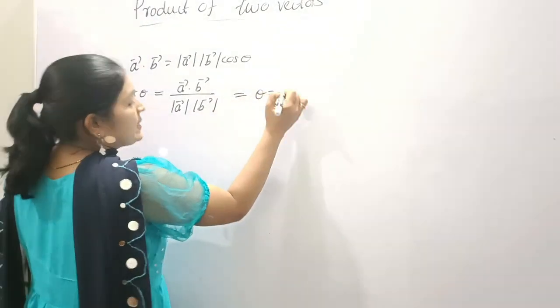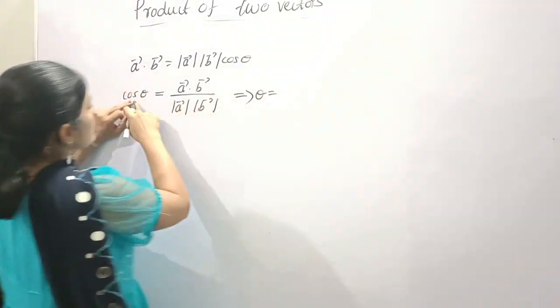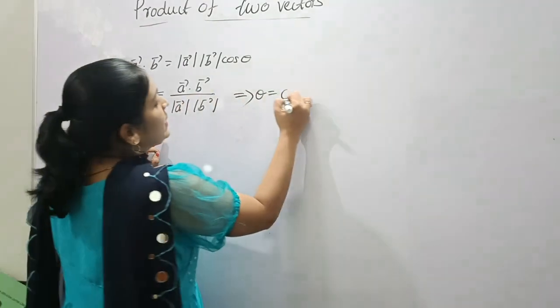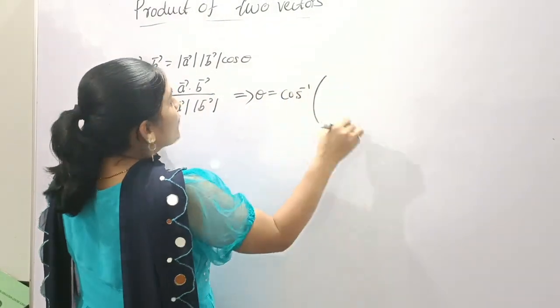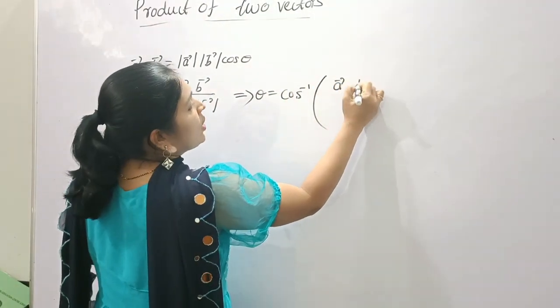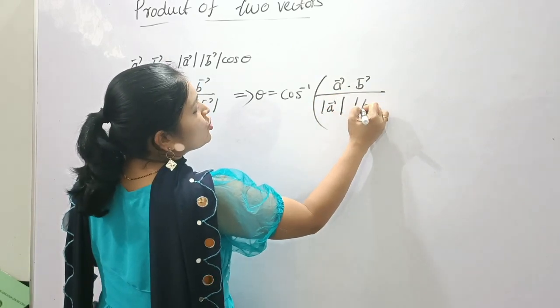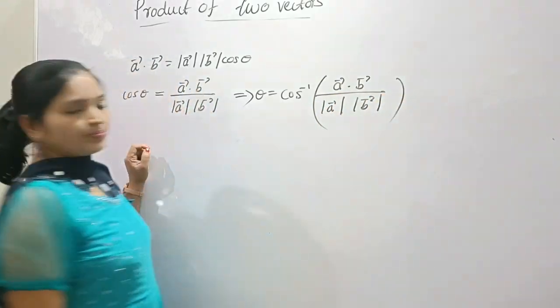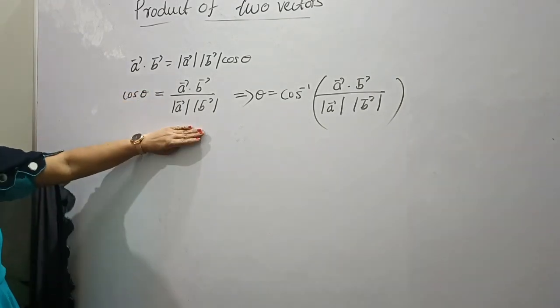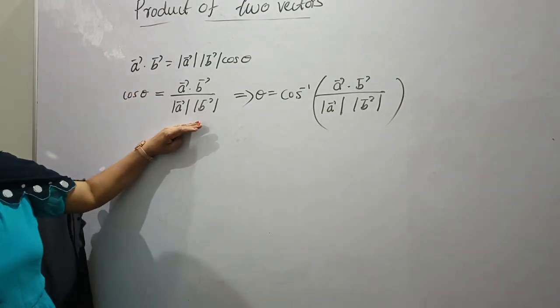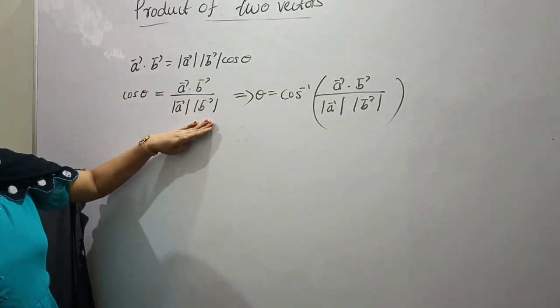That implies theta is equal to cos inverse of vector A dot vector B divided by modulus of vector A into modulus of vector B. That is theta, the angle between vector A and vector B.